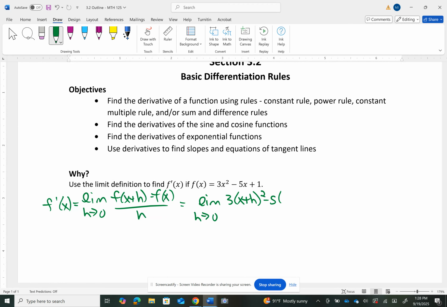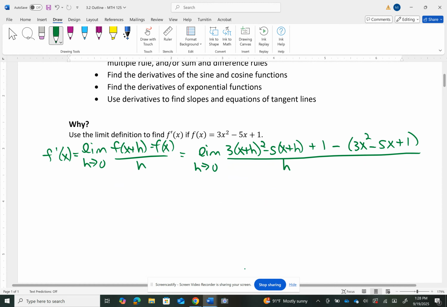So we went through all of this work. So that's the f of x plus h minus the f of x, all divided by h, and we wound up going through a lot of algebraic work.